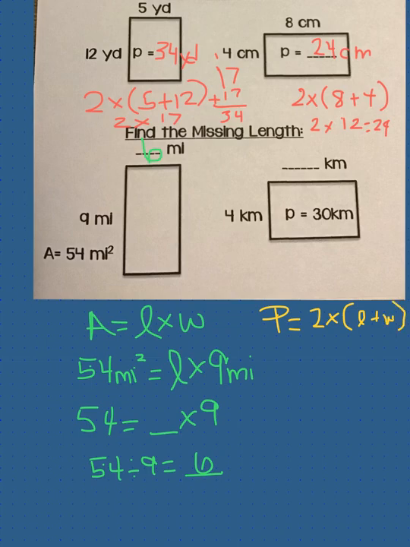Okay, well, I know perimeter, so I'm going to fill in the things that I know. I know perimeter is 30. That's a 0. All right, and I know this says 2 times the sum of, I don't know my length, but I do know my width, so I can put in plus 4.